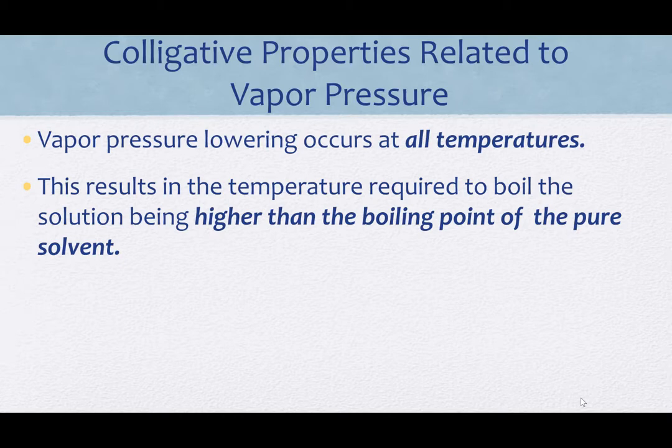But if we were to add anything to that beaker, remember we're talking about the number of particles, not necessarily what particles we're putting in. So if we add any particle to make that a solution, the boiling point of water is going to go up. It could be 101 degrees Celsius, it could be 105 degrees Celsius. But the big take home here is that the boiling point is going to go up. We'll have to get it to a higher temperature before it boils.